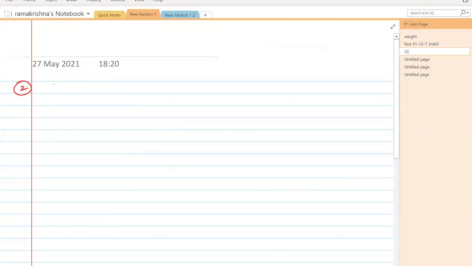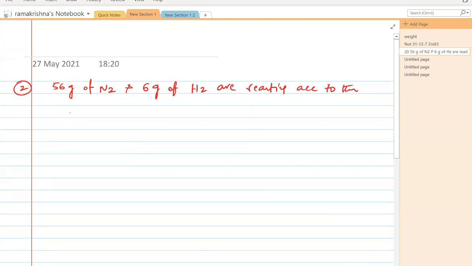I am taking 56 grams of nitrogen and 6 grams of hydrogen reacting according to the balanced equation: N2 + 3H2 gives rise to 2NH3. Now, what are the questions?